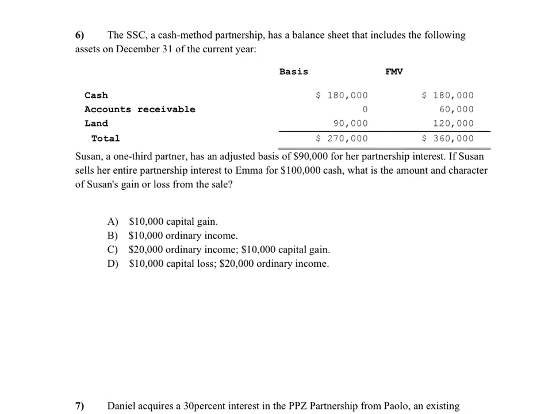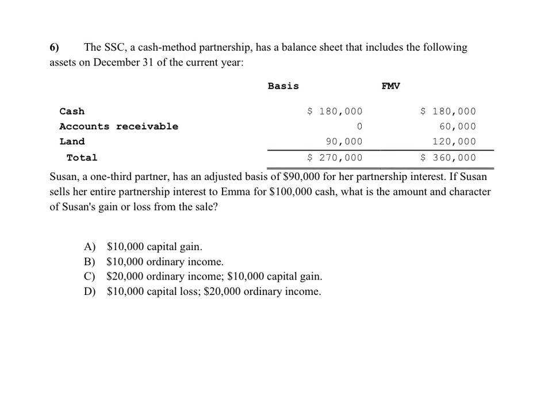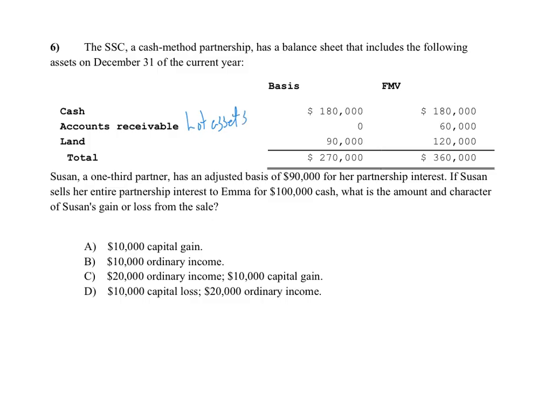Now we get to go on to number 6, and number 6 is very similar. So here is a similar type of problem. We've got Susan again. We've got a partnership balance sheet with accounts receivable, which again are hot assets.